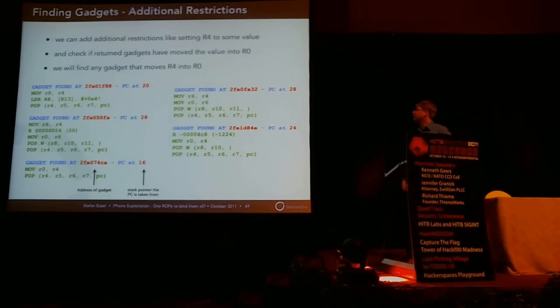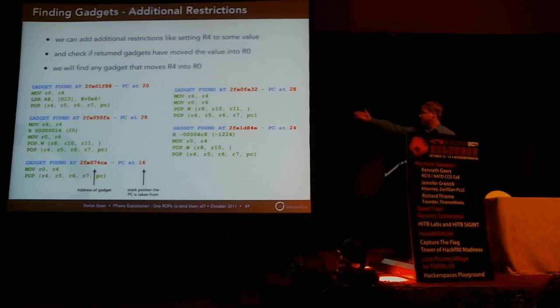So what you can do is, for example, first initialize a completely unknown state, and then set the register value of R4 to some value, and then you let it find all the gadgets. And in the end, you check which of the gadgets suddenly has the same value in R0 as R4, and then output all the gadgets, and you will see these gadgets all move the value of R4 into the R0 register.